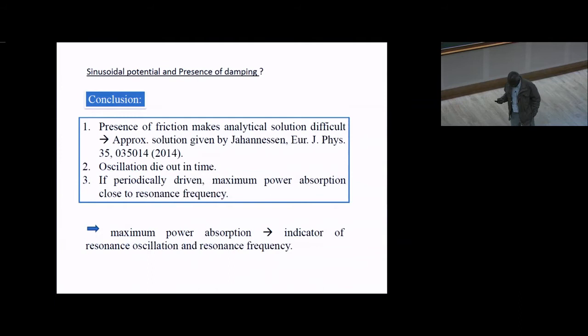How do you know what the resonance frequency is? In the case of a simple harmonic oscillator, when you include resistance, the maximum power absorption takes place at the resonance frequency. So in this case we will take this maximum power absorption as the indication of resonant frequency or resonant power.